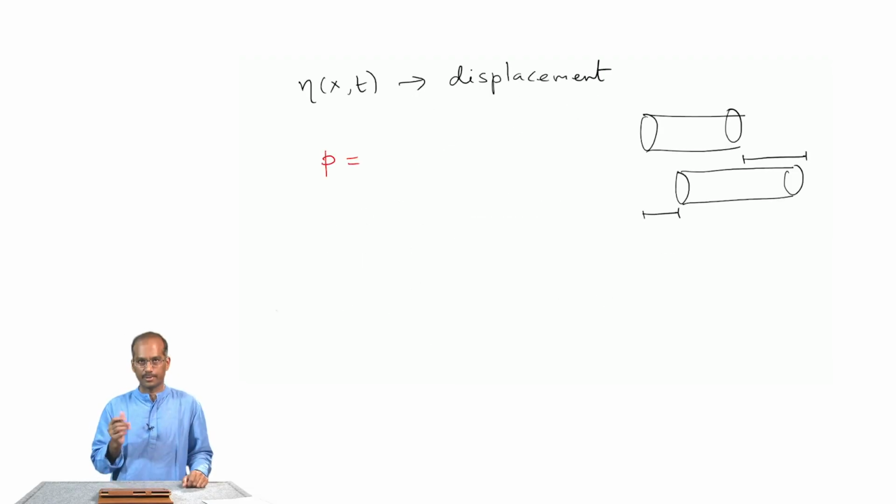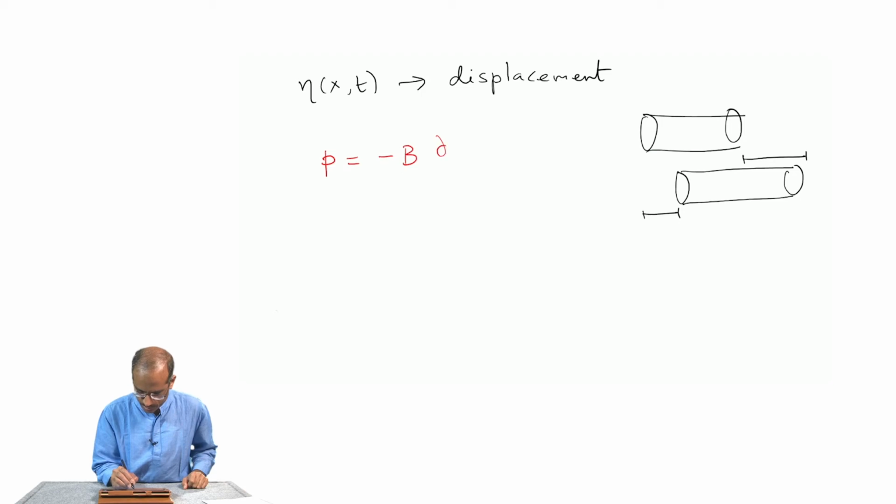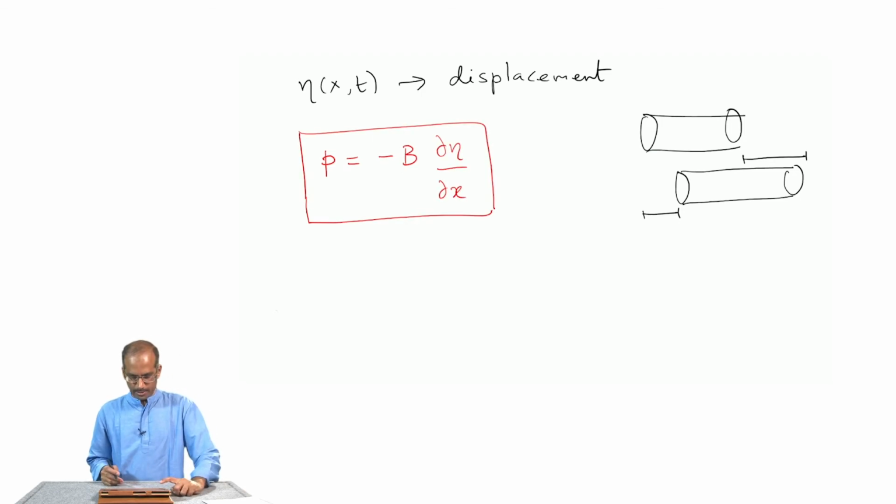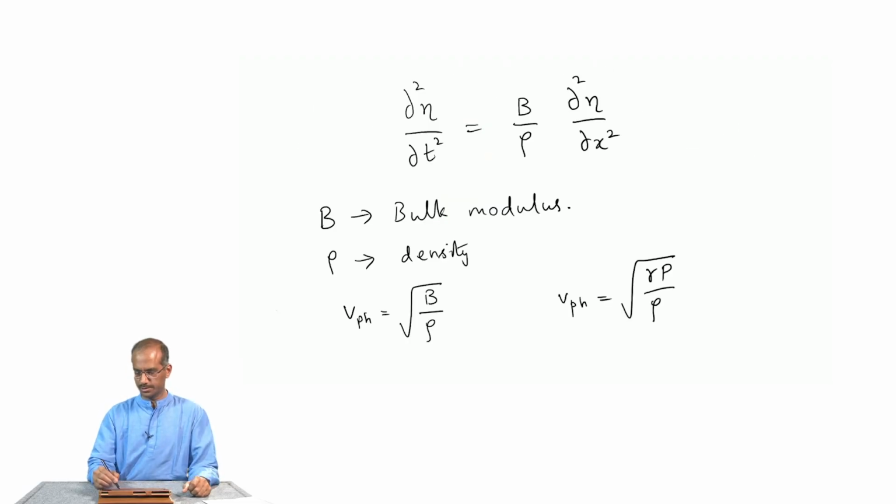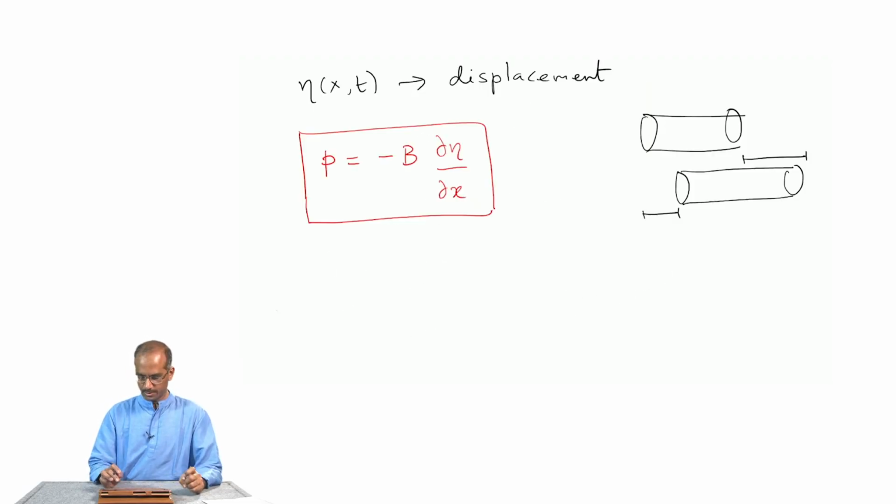P, which is that pressure difference, is minus B, where B is the bulk modulus, times dou eta by dou x. So, now we are going to start using this equation, and together with this one, we will combine both to write out a wave equation in terms of P.